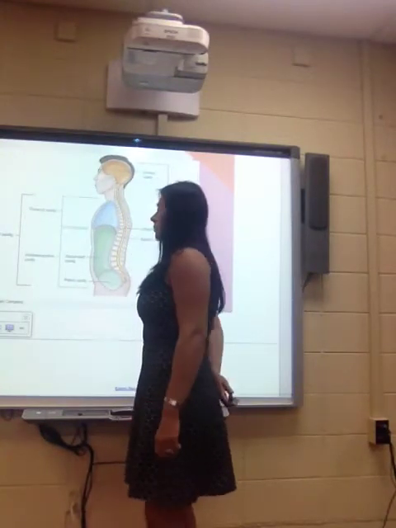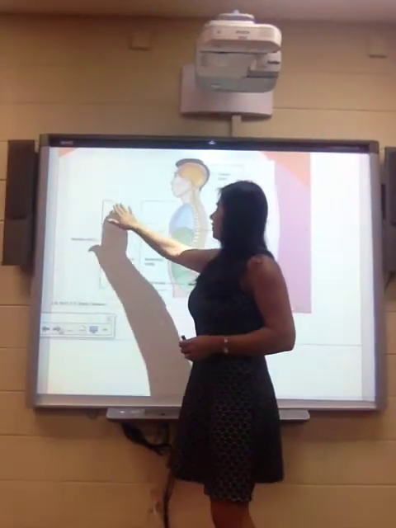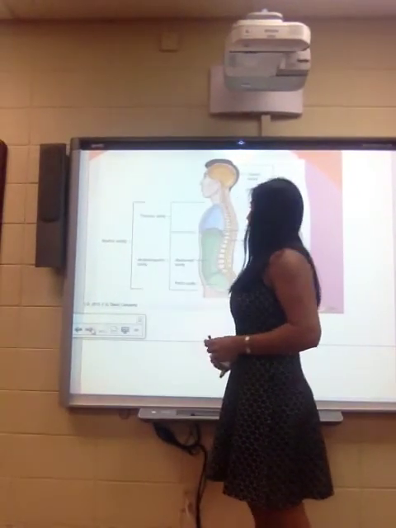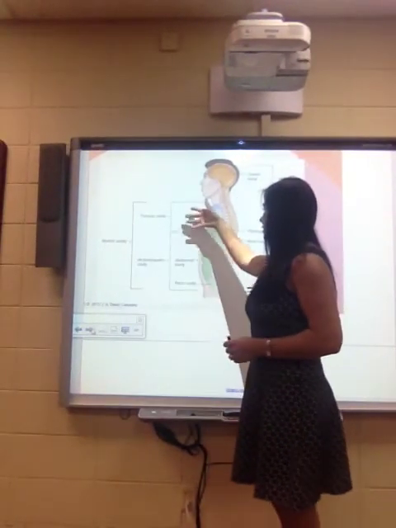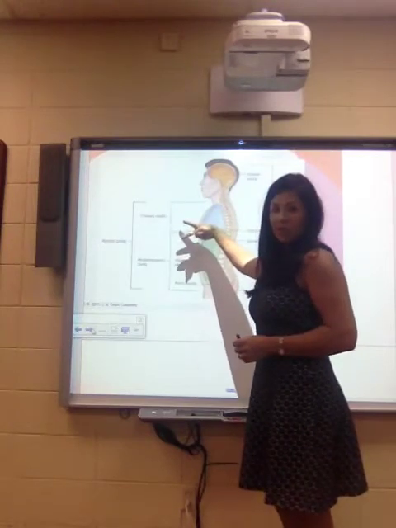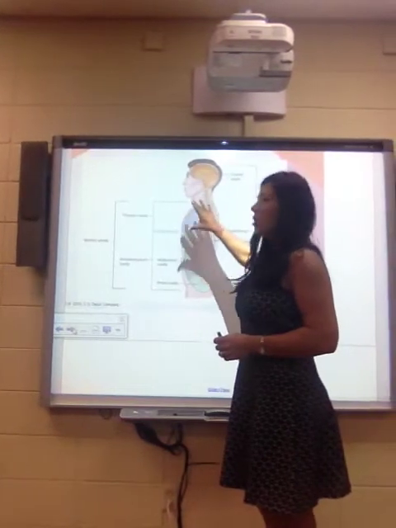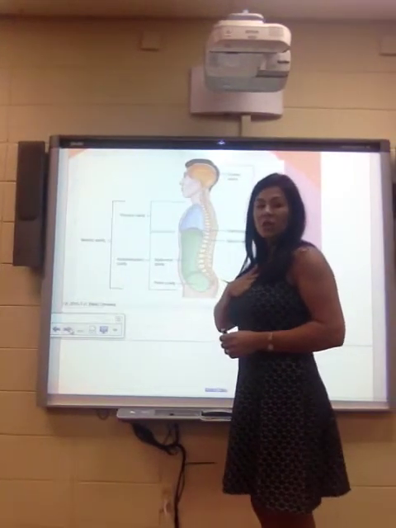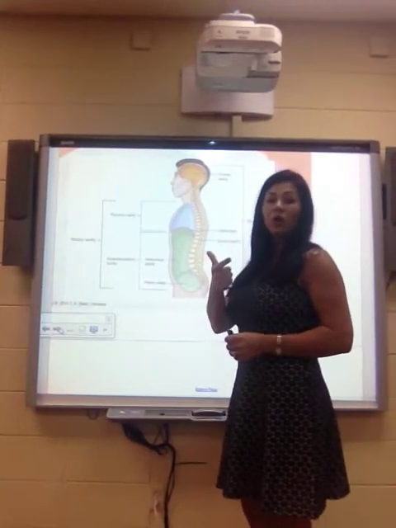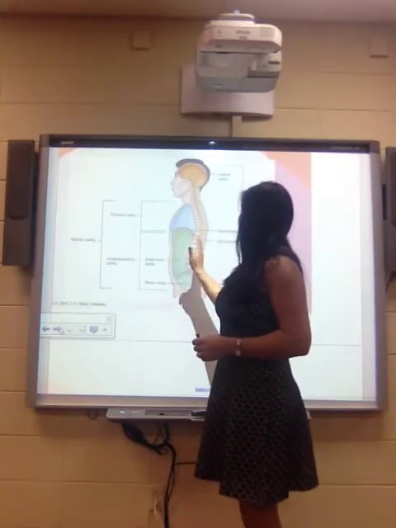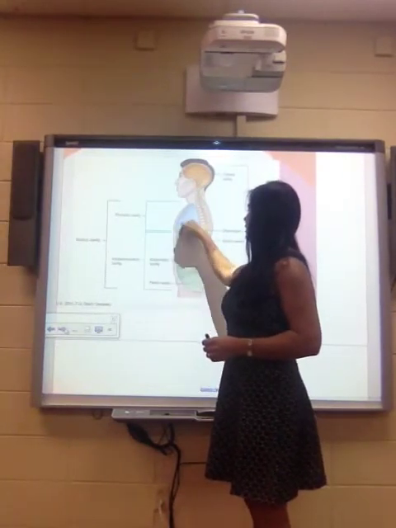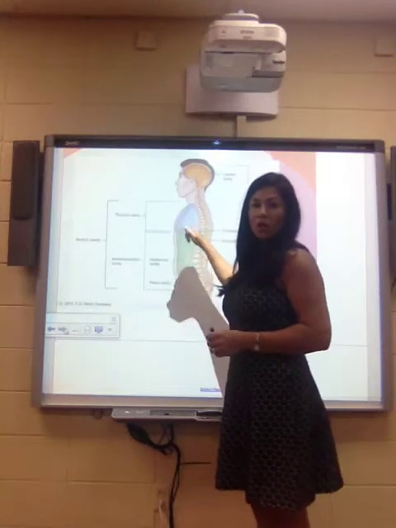It's the back side. So within the ventral cavity, the front side, we have two other subdivisions of that cavity. So you have the top part, your thoracic. Your thoracic is up here in the chest. It's going to contain your lungs and your heart. Now, it's got a division here, and this divider is a big muscle called the diaphragm.